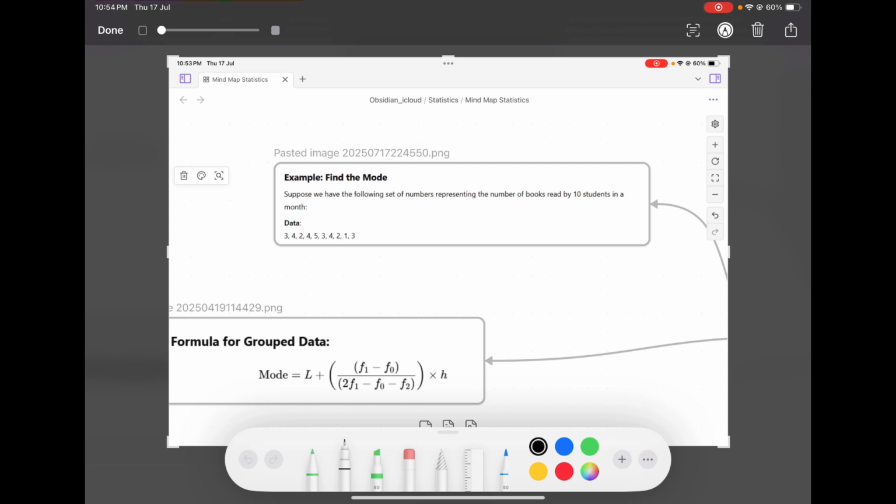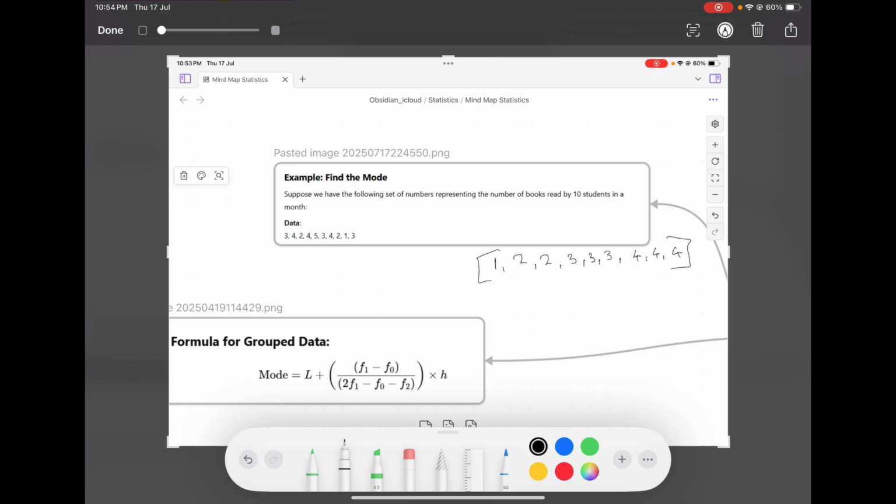This data doesn't make any sense as it is, so let us arrange it. 1 appears one time, 2 appears 2 times, 3 appears 3 times, and 4 appears 4 times. Now it makes some sense, since we are arranging the data.